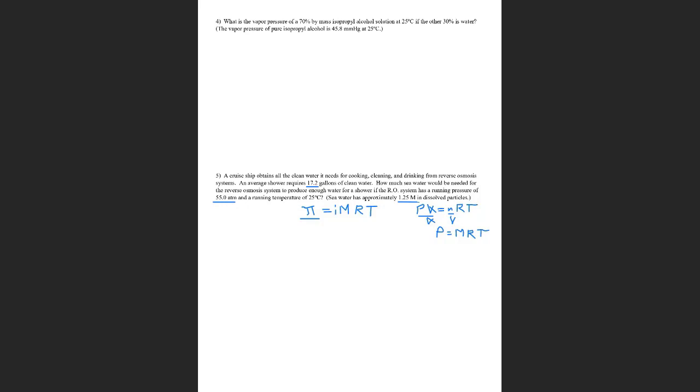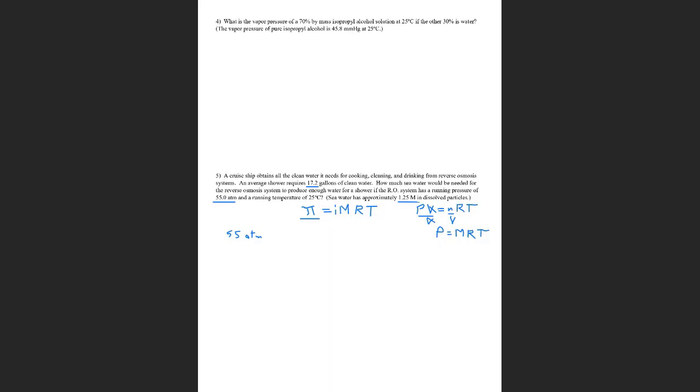So what you need to do is figure out the concentration to which this seawater can be concentrated by the RO system. And the way that you do that is by plugging in the 55.0 atm for your osmotic pressure.